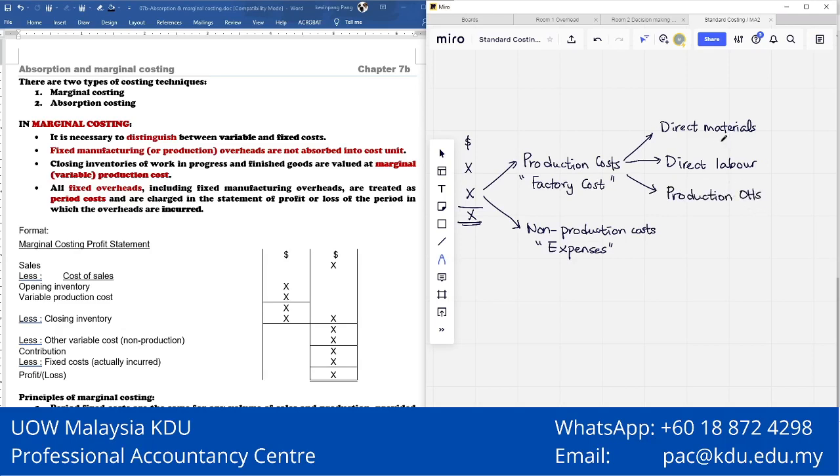These are all called production costs. How about non-production expenses? Outside the factory, in our syllabus, we have these three: administration overheads, or administration costs, then distribution overhead, distribution costs, and selling.